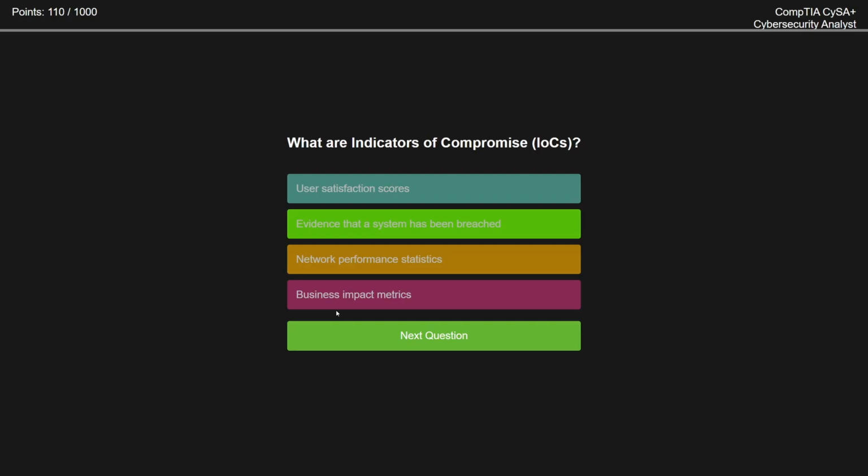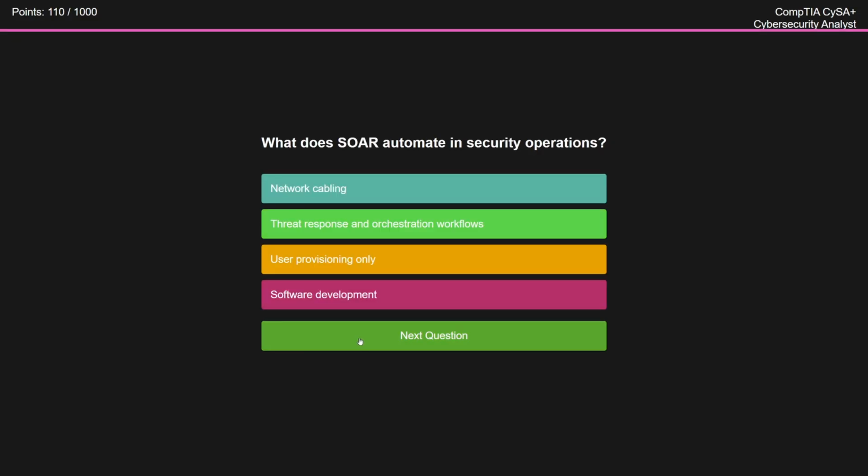A lot of times you don't know, so you're trying to find that indicator of compromise. And once you've found that it has actually been breached and it's not a false positive, then you know that was evidence that it's been breached. So next question.